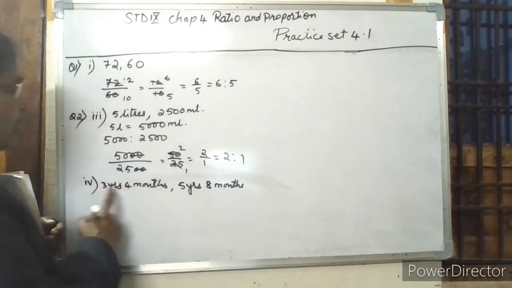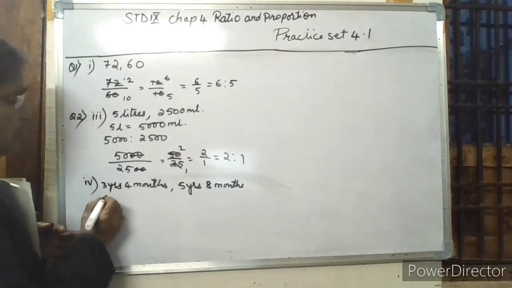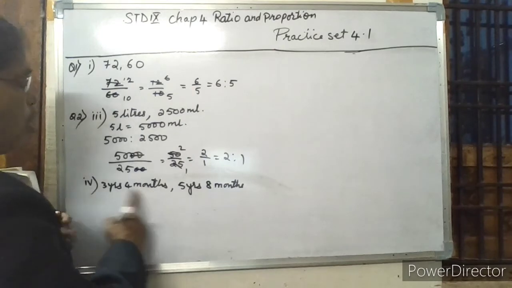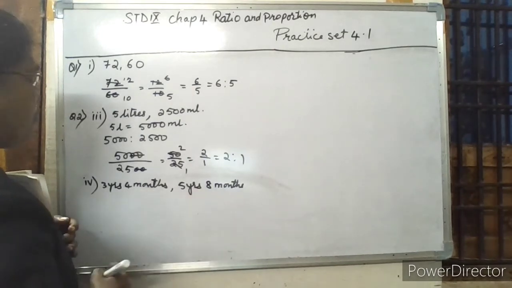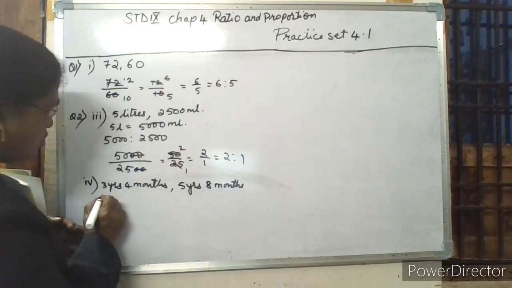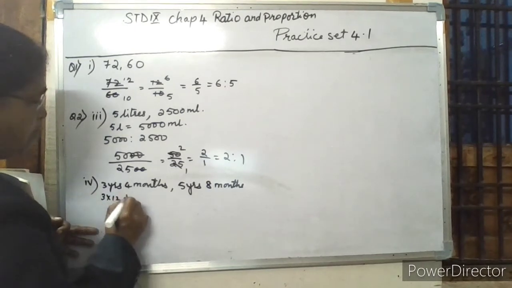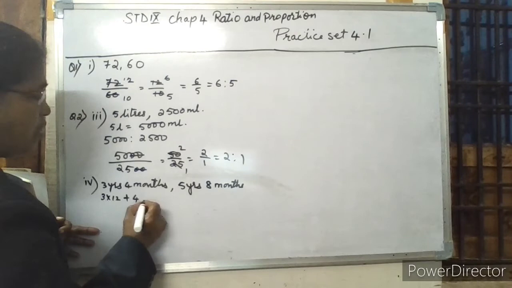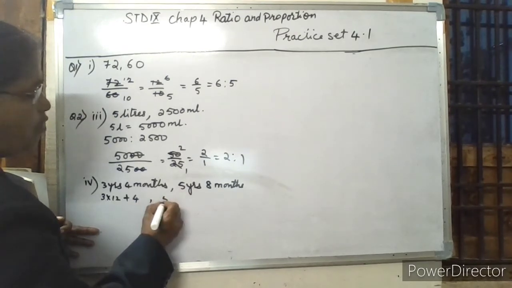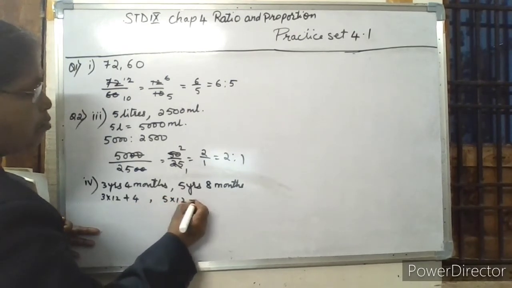Now 3 years 4 months. 3 years contains how many months? Both the quantities must be in months. So 3 into 12, 1 year has 12 months, plus these 4 months. Next one is again 5 into 12 plus 8.